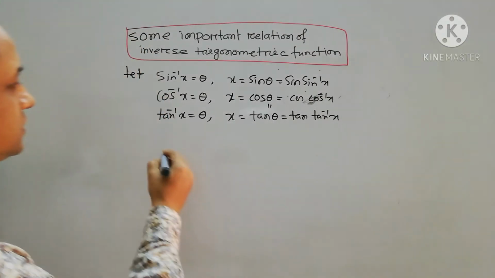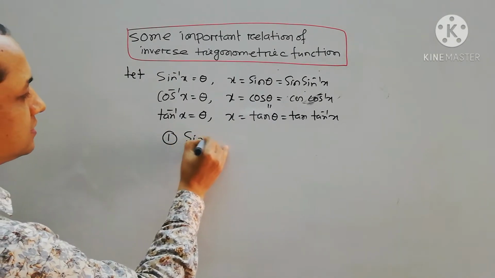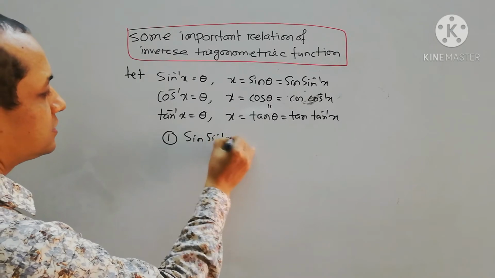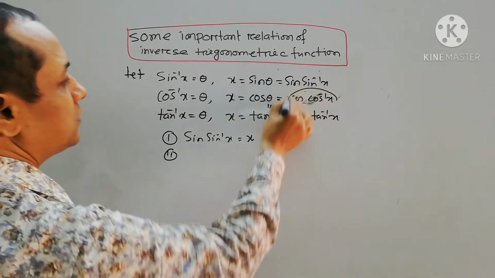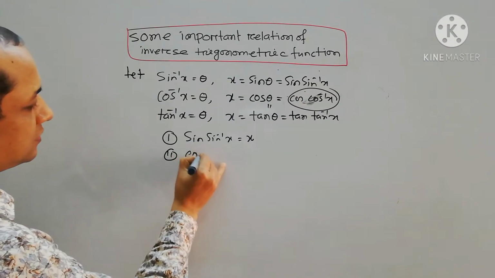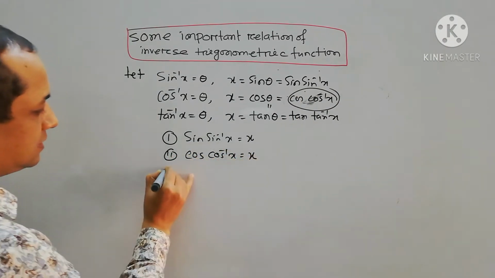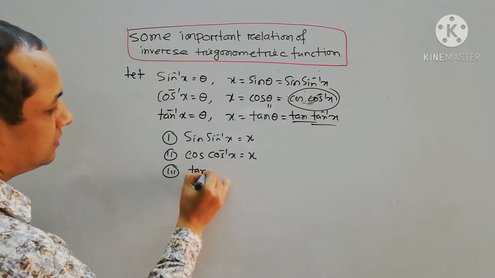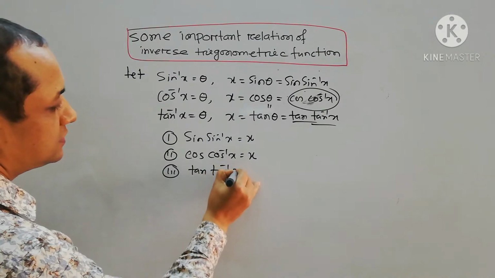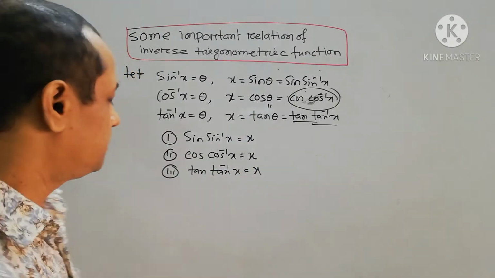So we can write, students, here number 1, sin of sin inverse x equals x. Number 2, cos of cos inverse x equals x. Number 3, tan of tan inverse x equals x.